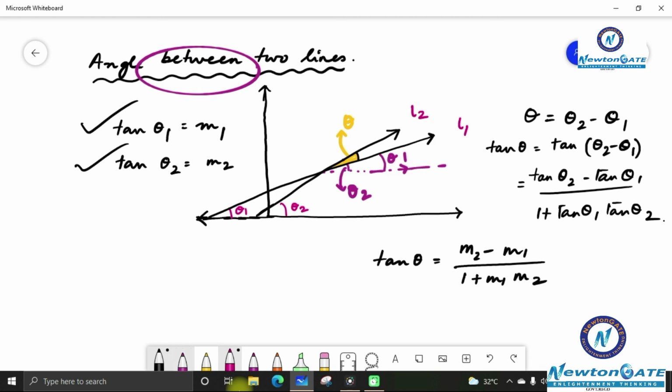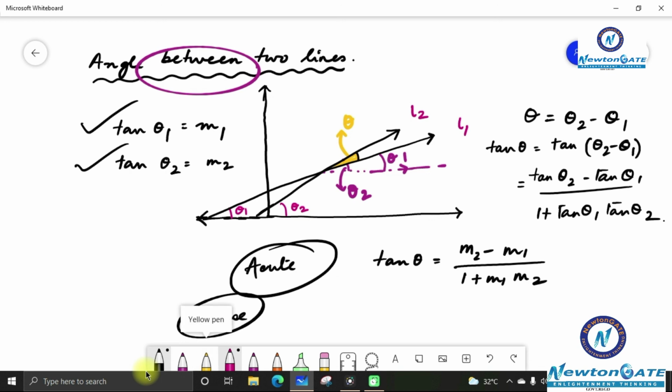Now a very important thing to note over here is, this is the condition for when the angle between line 1 and line 2 is acute. But it is also possible that the angle between the two lines will be obtuse.